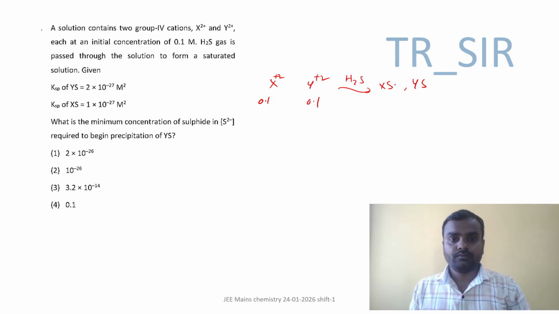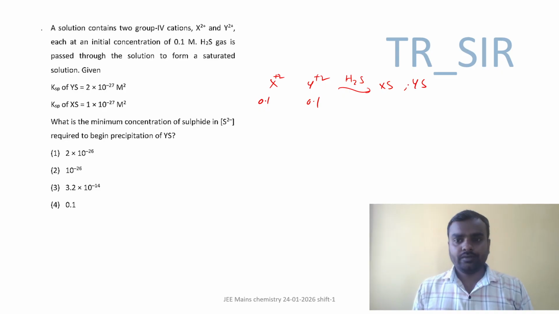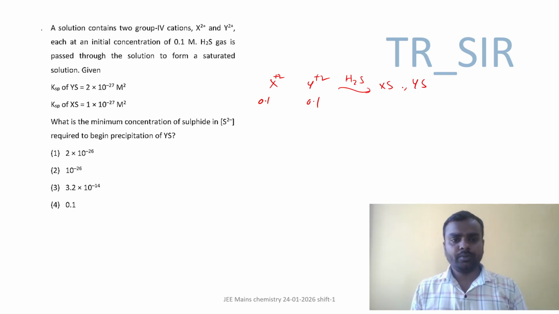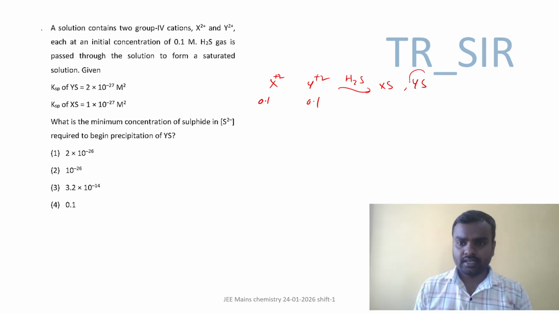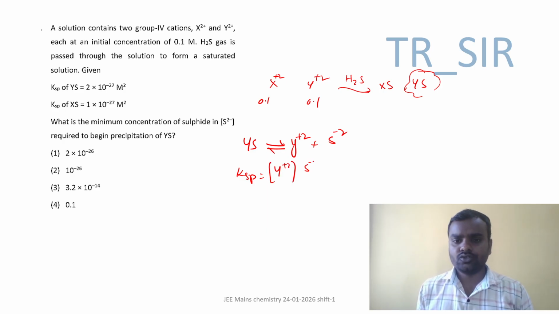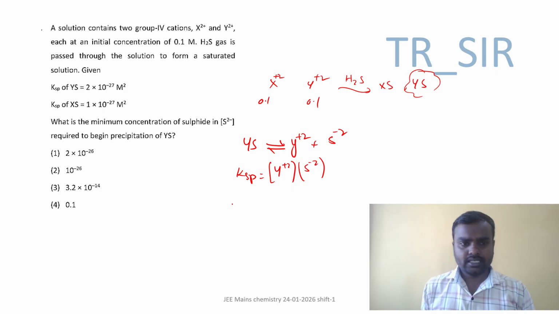Given are the Ksp values for XS and YS. What is the minimum concentration of sulfide required to begin precipitation of YS? They're asking only for YS. Now try to frame the equation: Ksp equals Y2 plus times S2 minus. The Ksp given for YS is 2 into 10 power of minus 27.